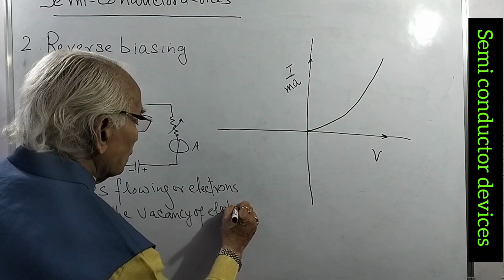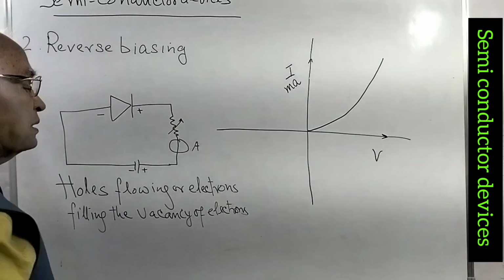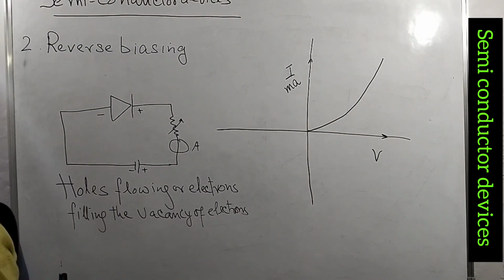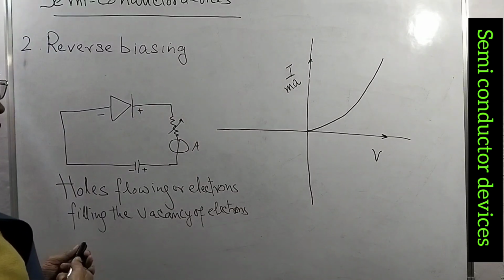Holes are just a theoretical concept, not a physical entity. It is a deficiency of electrons. So holes are filled by the electrons, and these are in minority. So the current is now in the minority, due to the holes.